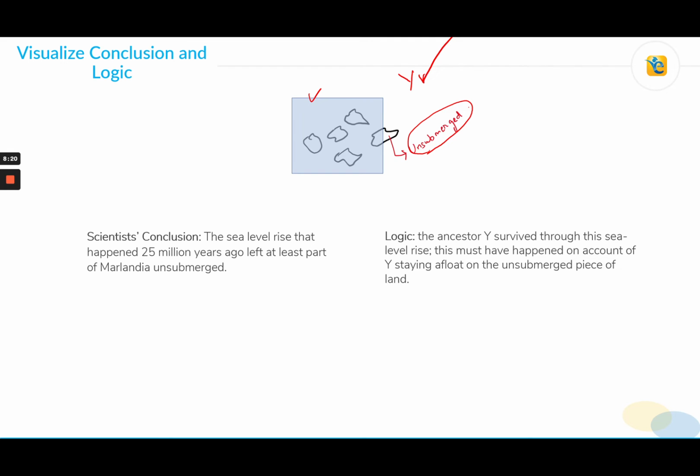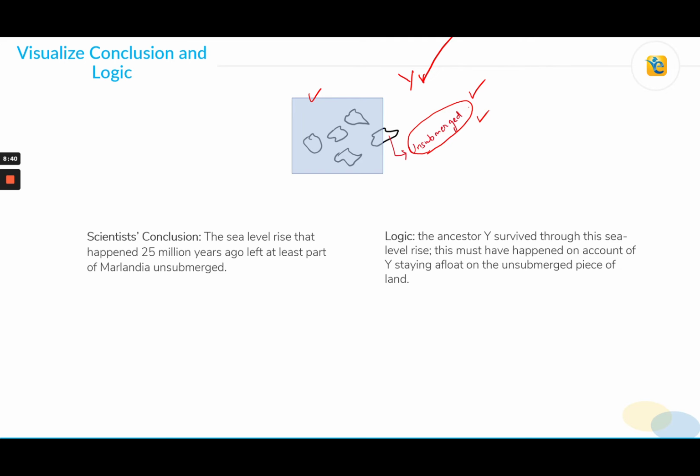It must have survived by staying afloat on some unsubmerged piece of land. That's why it survived, and it is on the basis of this underlying logic that the author makes the claim that there must have been some kind of unsubmerged land at that point. Not every inch of Marlandia got submerged. So again, make sure the logic is clear.